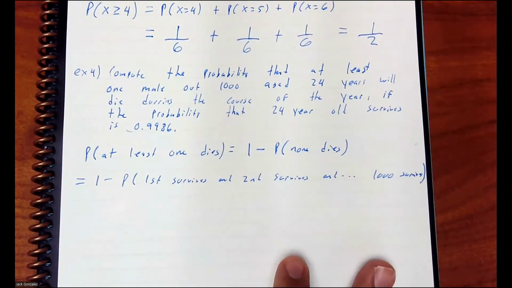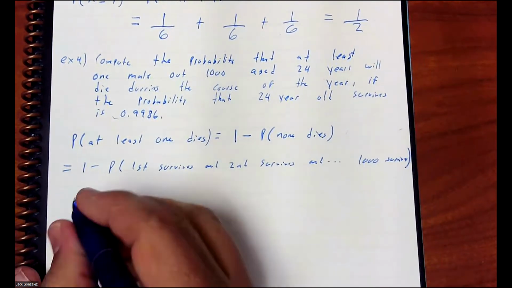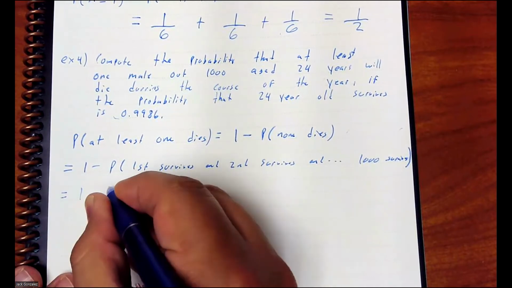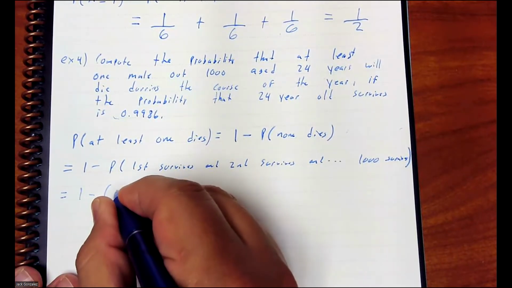Why we have the 1,000 power? It's because of this. So that'd be 1 minus each of them surviving.